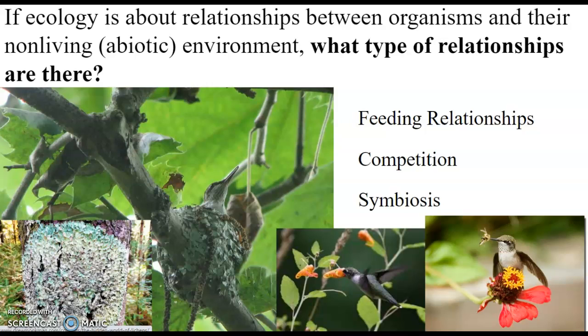And competition isn't very obvious in here, but obviously they compete for mates, for nesting, and they compete for territory to have this nest here. They compete for food with other hummingbirds or other pollinators, and they would compete with other hummingbirds for the insects that they're feeding on too.